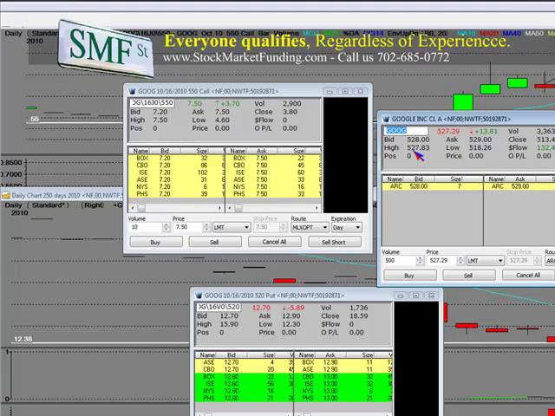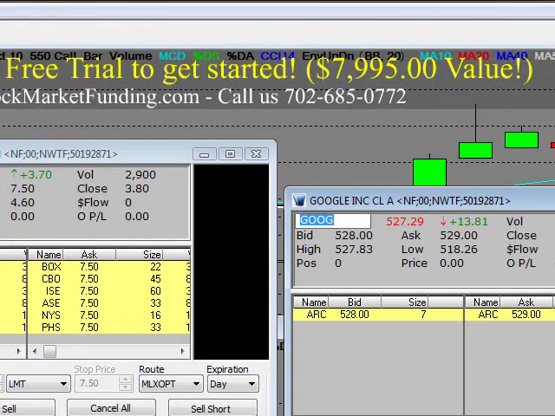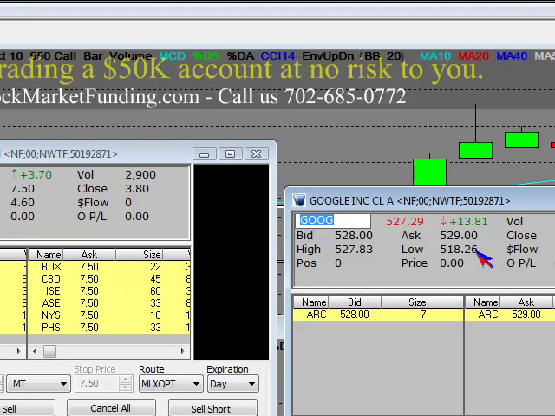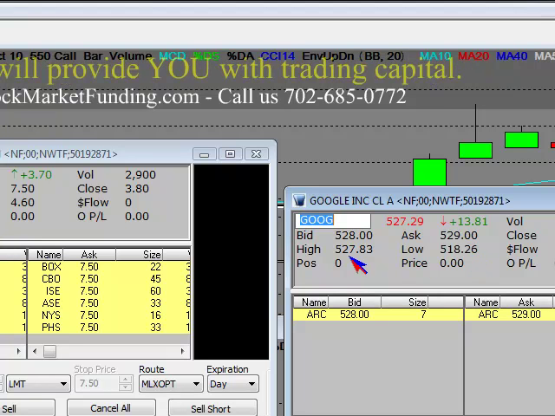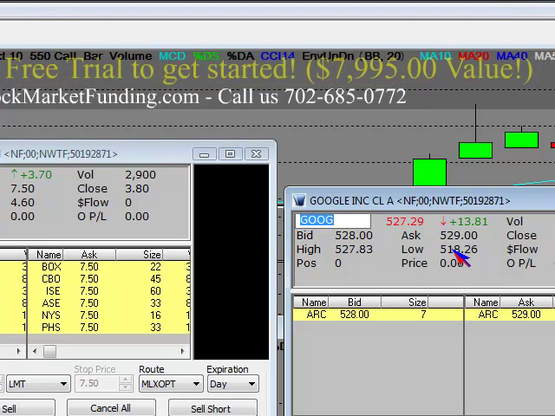We hit a high of 527.83. It closed. It had an opening gap on Friday to 518. Then from 518.26 to 527.83 was your true movement on the opening bell or throughout the trading day of that low end of that gap.